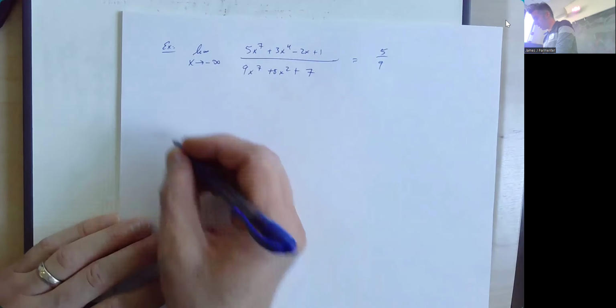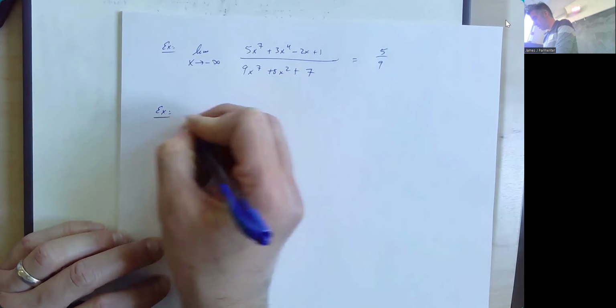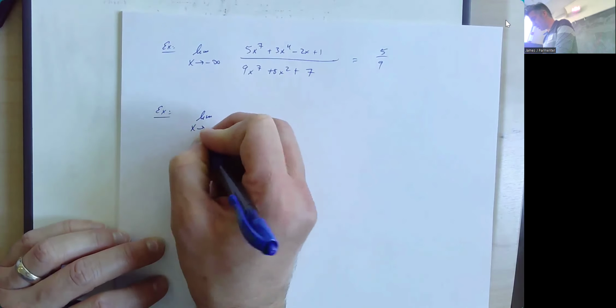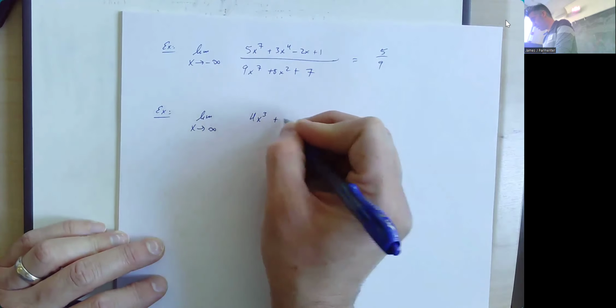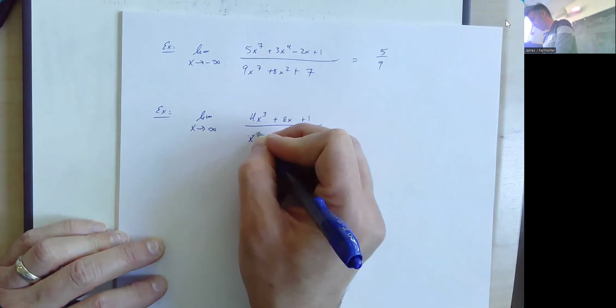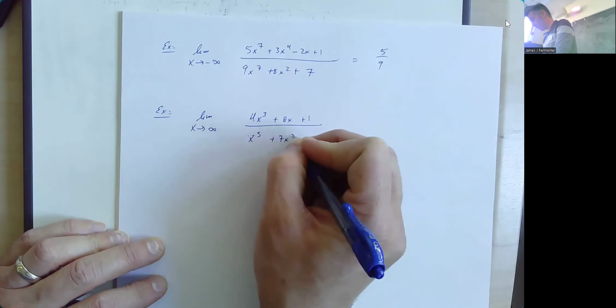On the other hand, if the degrees are not the same, different things happen. So if we looked at something like, say, the limit as x approaches infinity of 4x cubed plus 8x plus 1 over x to the 5th plus 7x squared minus 9.